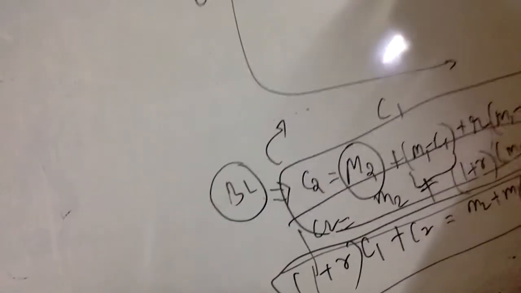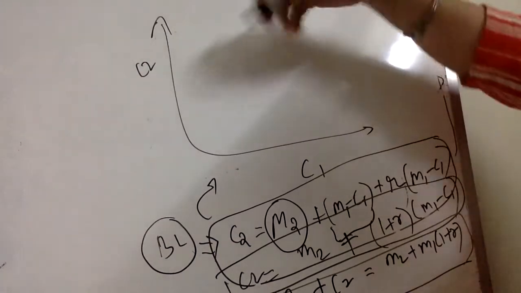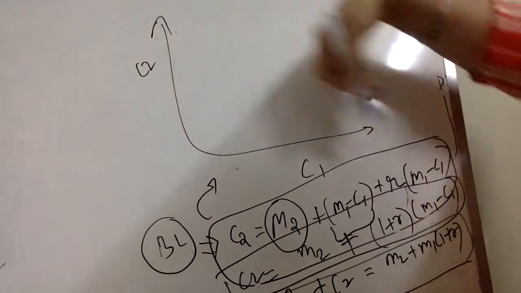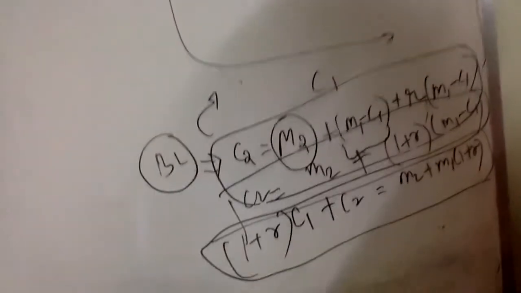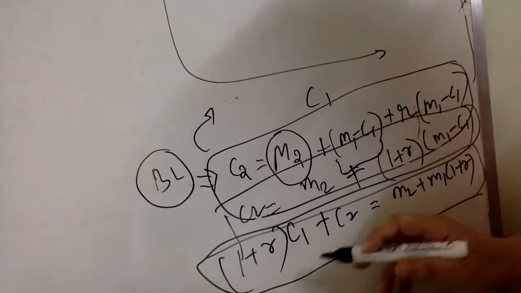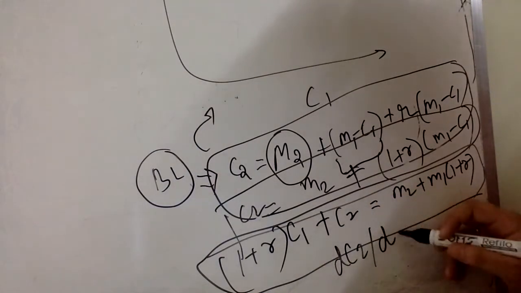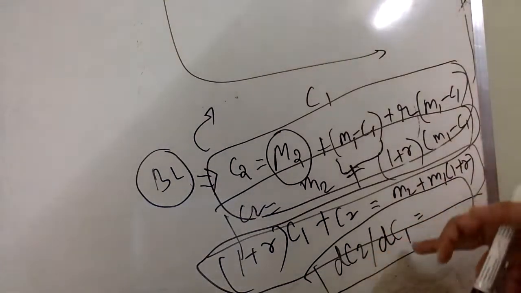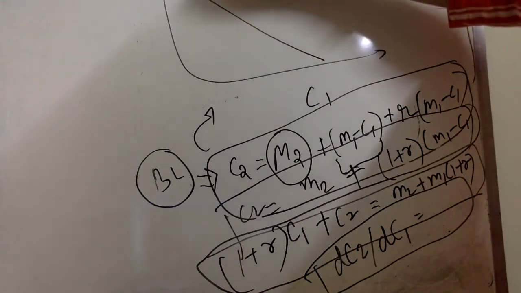Now if I put this equation in this format, what do I get as a budget line? It will be a budget line with constant slope. If you check this equation, the derivative of C2 with respect to C1 gives the slope, and if you compute it, the slope comes out to be minus 1 plus R. Since it's negative, it's a negatively sloping curve.